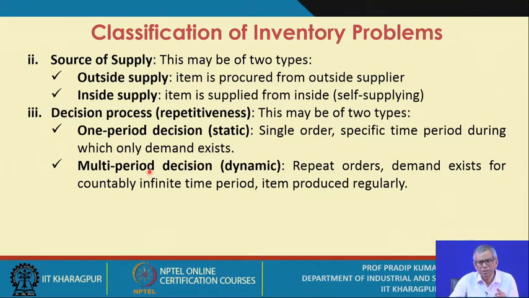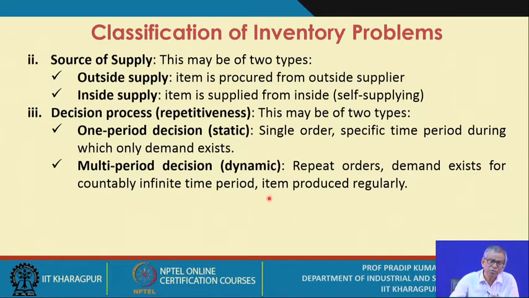The decisions might be different for different time periods. So this problem is referred to as the dynamic inventory problem. Repeat orders you have to do. Demand exists for a countably infinite time period.